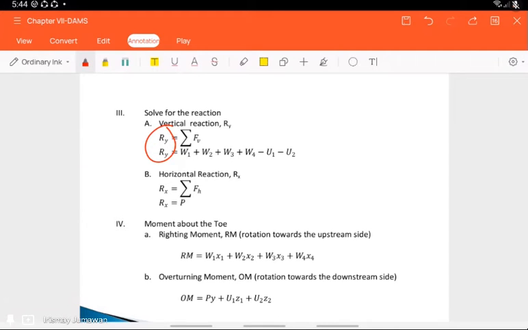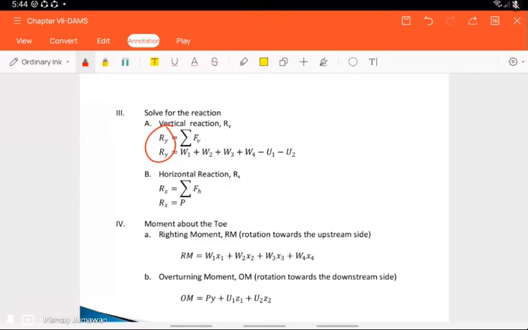Because not all the time is the uplift pressure the same as the soil pressure. It's not.